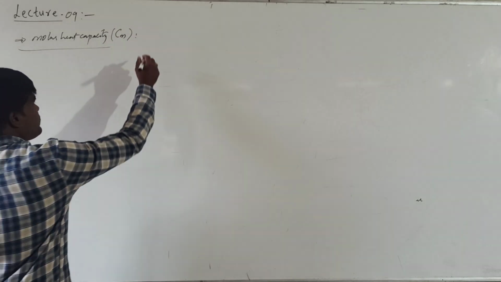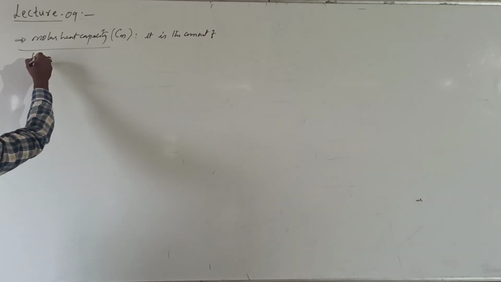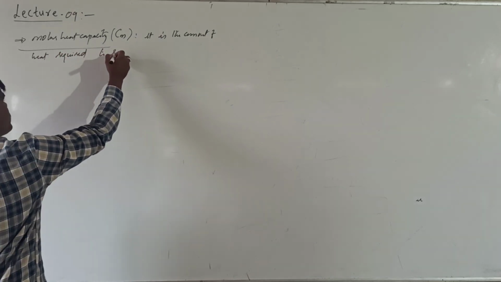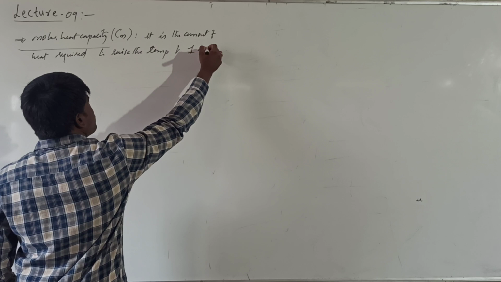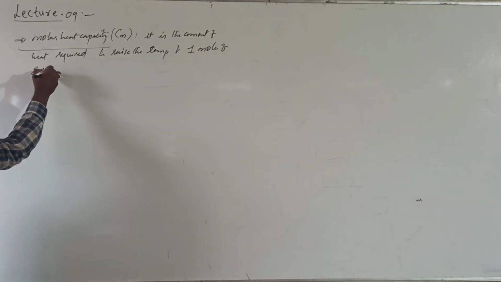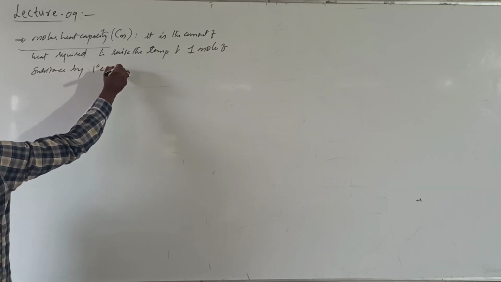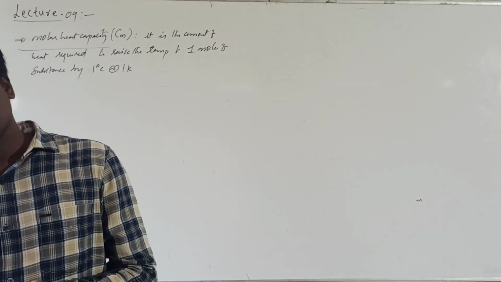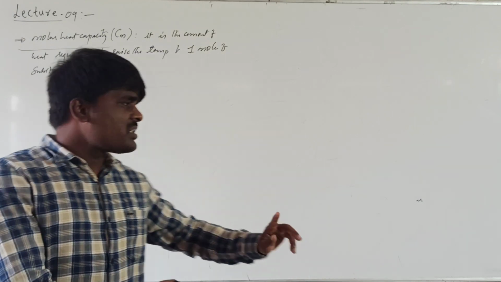It is basically defined as the amount of heat required to raise the temperature of 1 mole of substance by 1 degree Celsius or 1 Kelvin, whereas specific heat capacity was for 1 gram, whereas this is 1 mole.